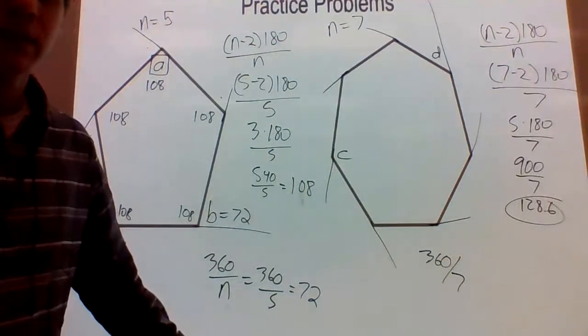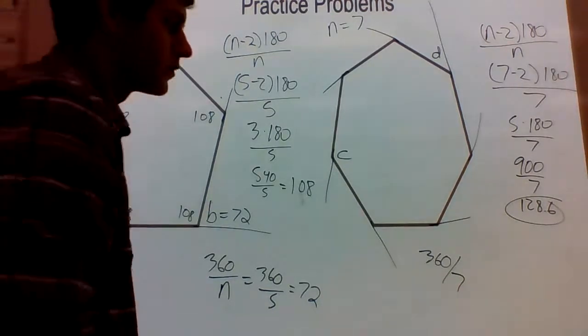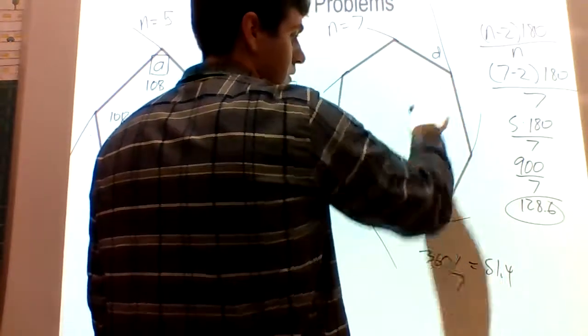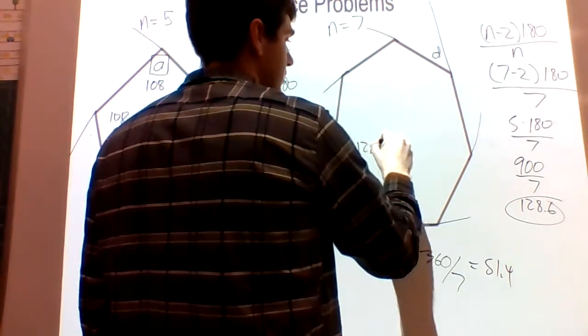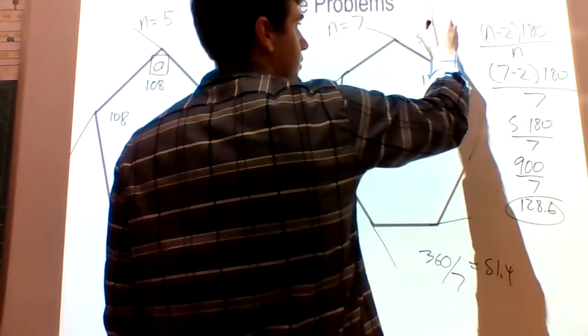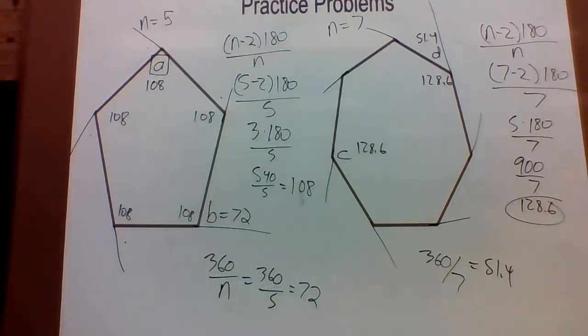Okay. 360 divided by 7 should give us 51.4. So again, this is 128.6. That means this one's also 128.6, 51.4, and look at that, our two answers are supplementary.